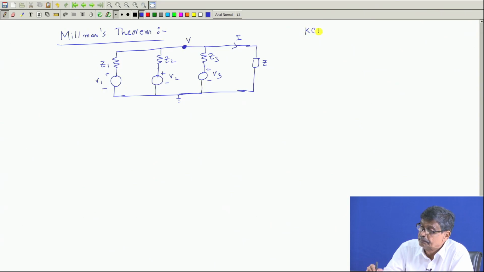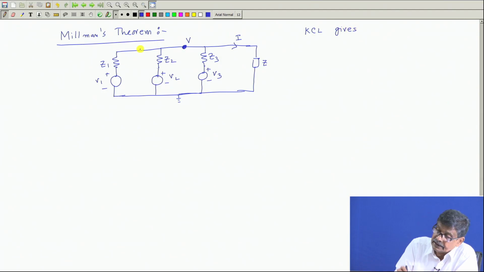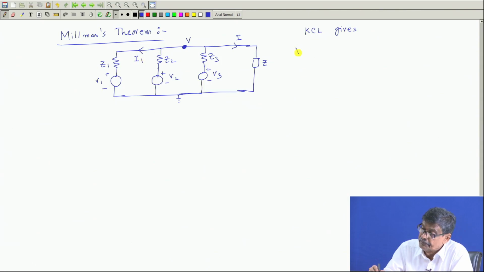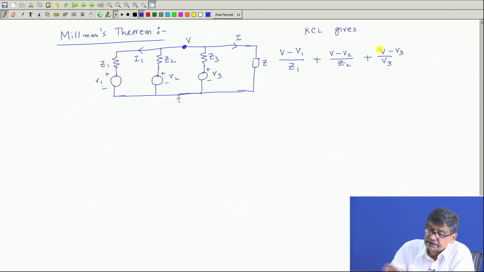It gives the current in this branch I1 as V minus V1, this way I have directed. So, (V minus V1) by Z1 plus (V minus V2) by Z2 plus (V minus V3) by Z3.